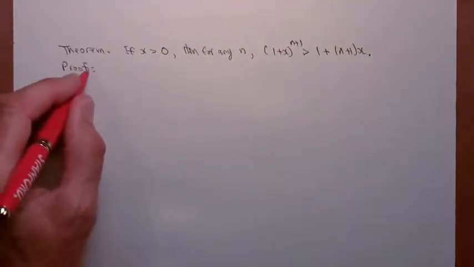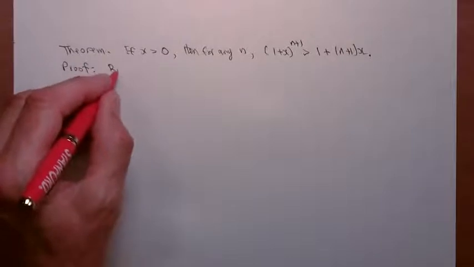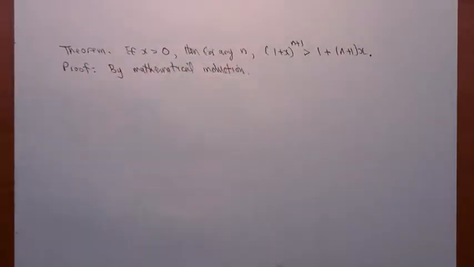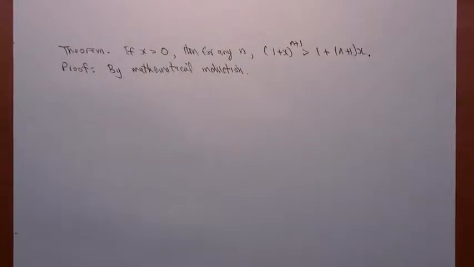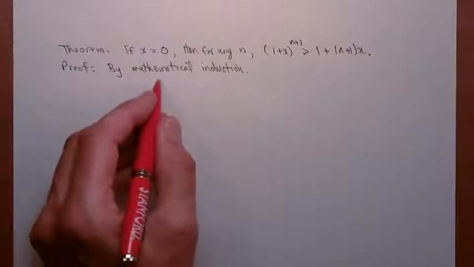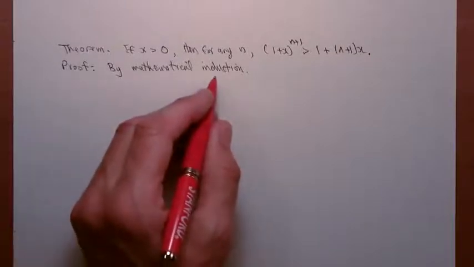So here's the proof. Well, I'm going to begin by stating the method I'm going to use. It's mathematical induction. Since one of the purposes of proofs is to explain why something is true, it's always a good idea to begin by stating the method you use. That orientates a reader to the argument that's about to come.